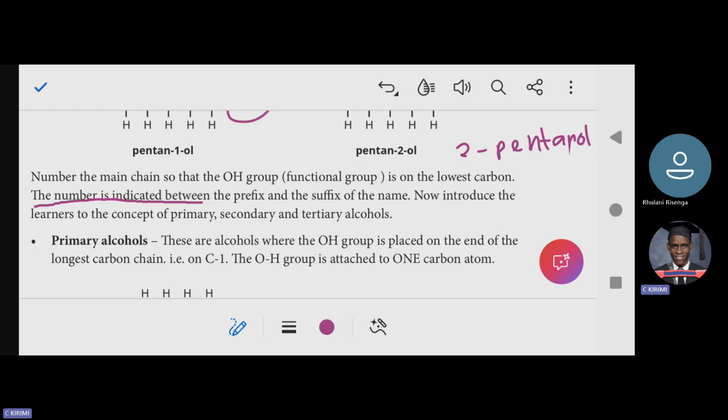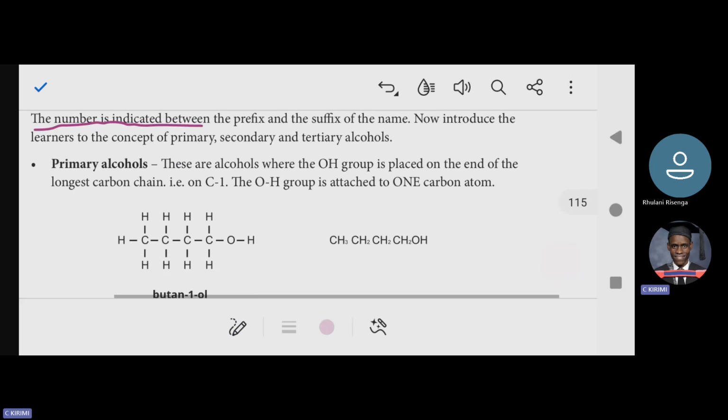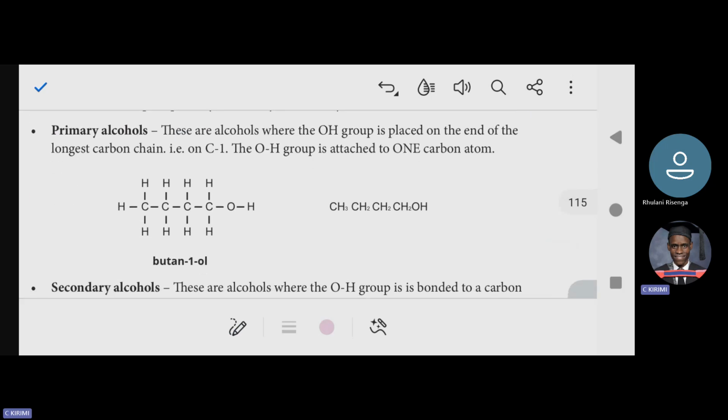So now introduce the learners to the concept of primary and tertiary alcohols, which means now we want to know, is it a first degree, second degree, etc. So primary alcohols, these are alcohols where the OH group is placed at the end of the longest chain, which means you have the OH group at the end.